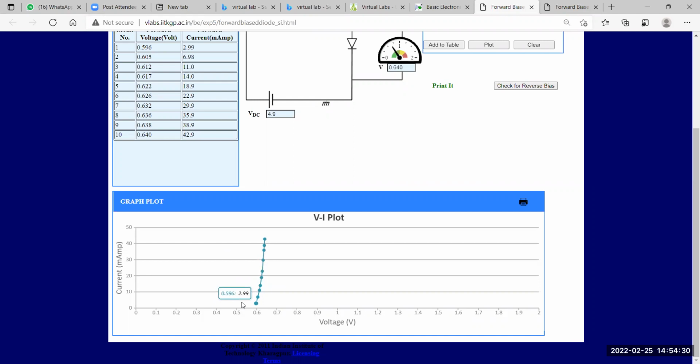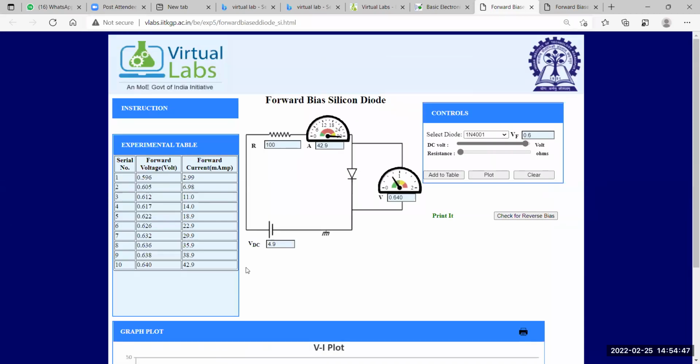Then after the cutting voltage, the depletion region is reduced, and the diode starts as a switch, and current starts to flow. Okay, and this is the characteristics of the forward bias diode.